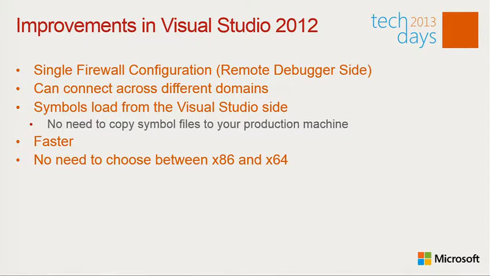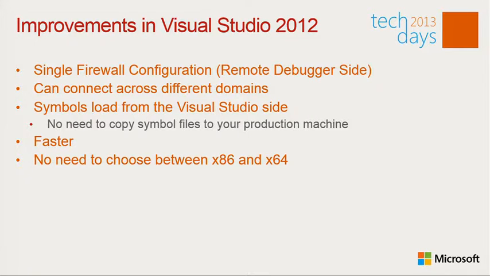And additionally, there's no reason that you would need to choose between x86 and x64. Previously, what you would have to do is side-by-side install two versions of the remote debugger and then connect to the one that had the matching bitness. That's all changed.